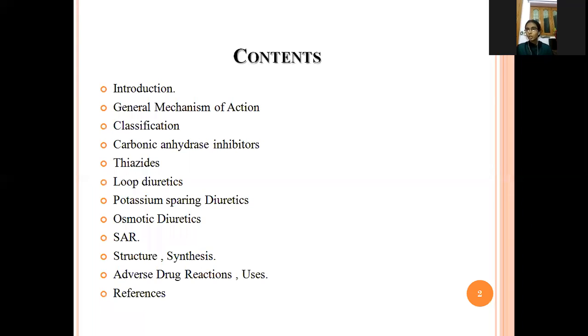In this we will discuss the introduction, what diuretics are and what roles they play in our body, general mechanism of action, classification, carbonic anhydrase inhibitors, thiazide, loop diuretics, potassium-sparing diuretics, osmotic diuretics, structure activity relationship, structure, synthesis, adverse drug reactions and uses.